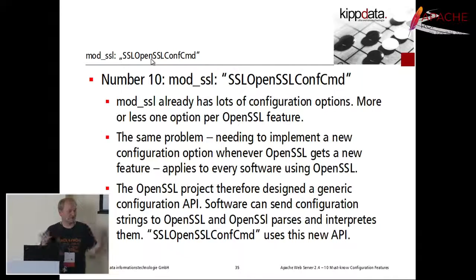Yeah, and if you look at ModSSL, it has a long list of options to influence what's happening. But sometimes the things are very simple. It's like setting a binary flag or giving a file with some content to ModSSL. So the same problem was occurring for any applications that were using SSL and OpenSSL as an implementation.